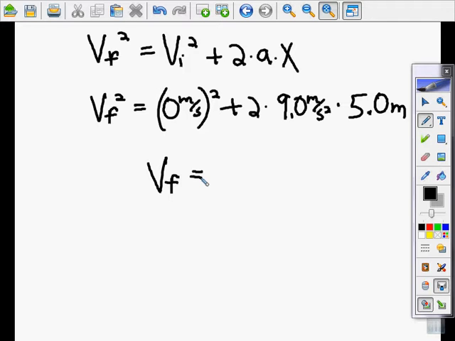And what's the square root of 90? That's going to be 3 times the square root of 10. Help me out there, someone crunch it out.